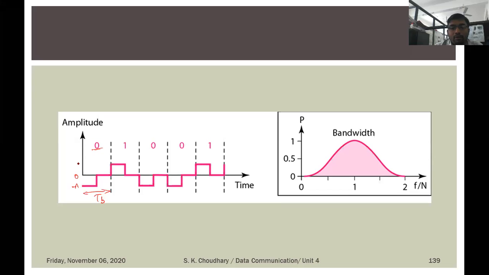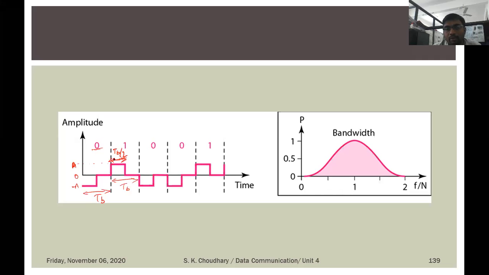And for the next bit, binary 1, it is +A for half of the bit duration only, TB upon 2, and the rest of the duration will again return to 0. In this way we represent the polar RZ signaling.